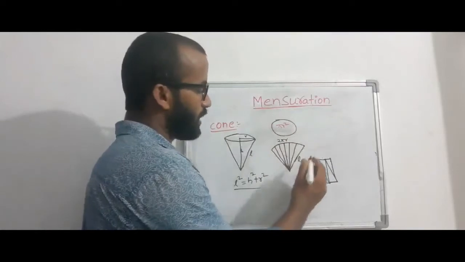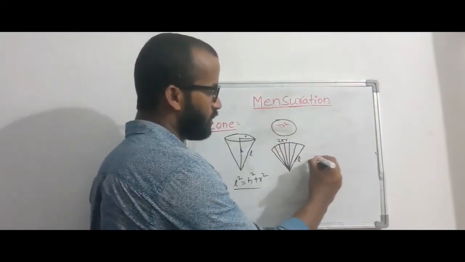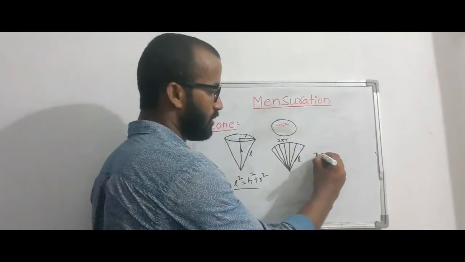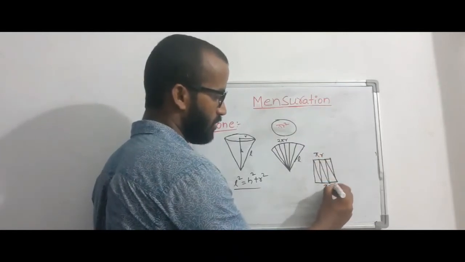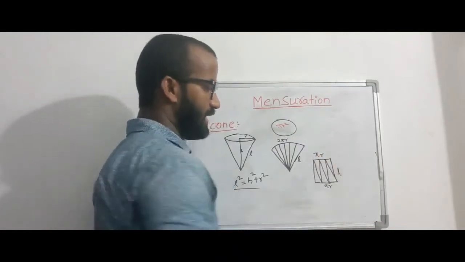Then this total is 2 pi r, so what about this? Half of 2 pi r, right? So this is pi r, this is pi r, and this will be L, the slanting height.